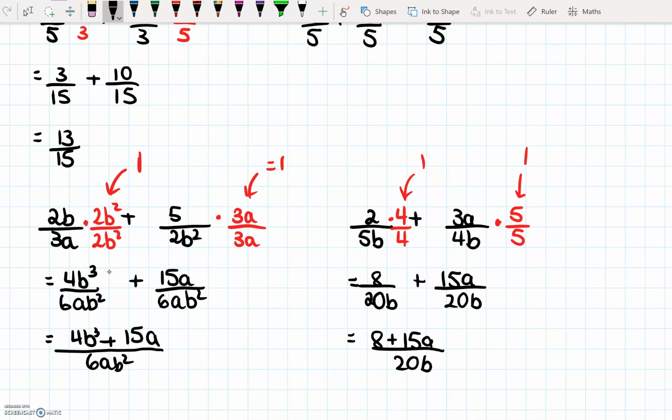But please don't ever go, well, you can see over here that we've got an a at the top and an a at the bottom, so we can cancel these out. It's not correct, because remember, if there's a plus in there, you have to also be able to cancel it out of the first one. You actually should factorize first if you're going to do that, which we can't do here. Okay, good luck.